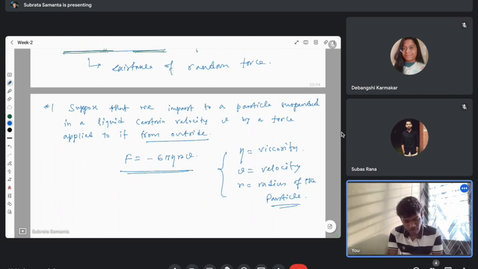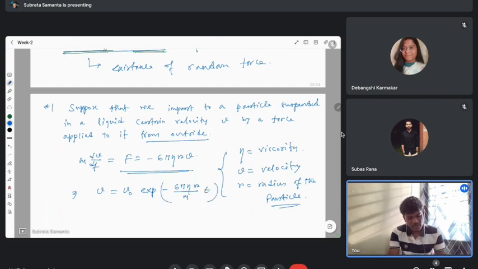Okay, so we solve these equations. We put F equal to m dv/dt. Once you solve this first order differential equation, which is easy to solve, it's v0 times exponential of minus 6 pi eta r by m into t.